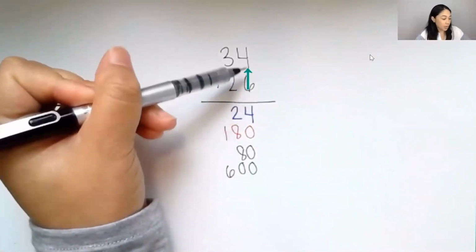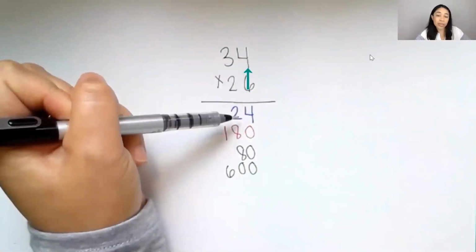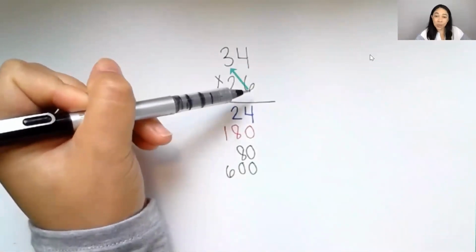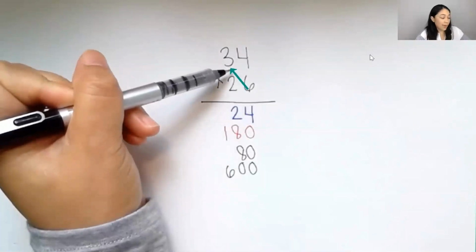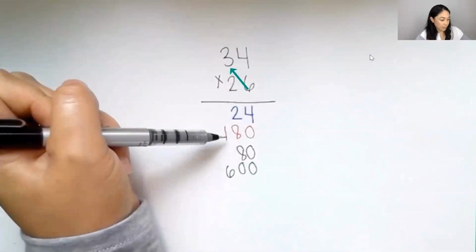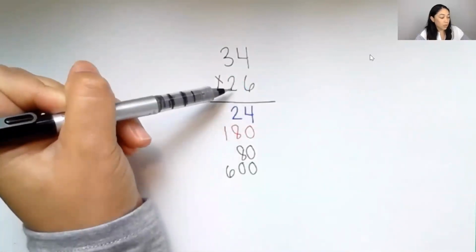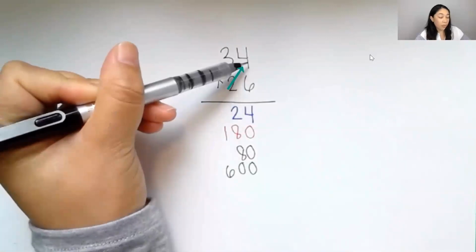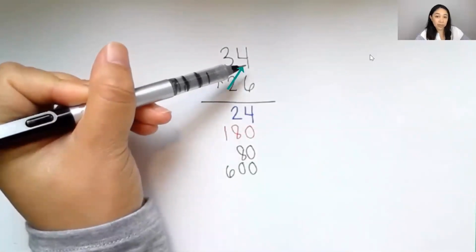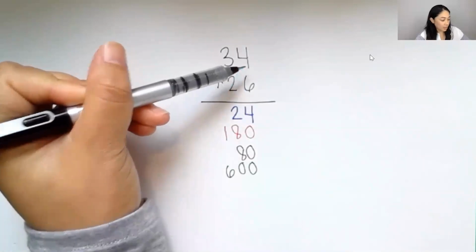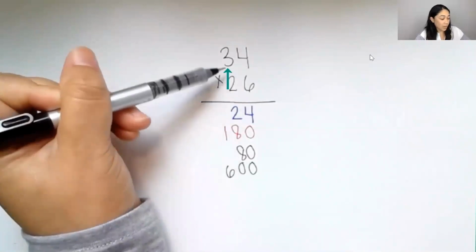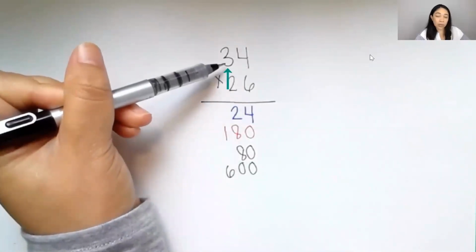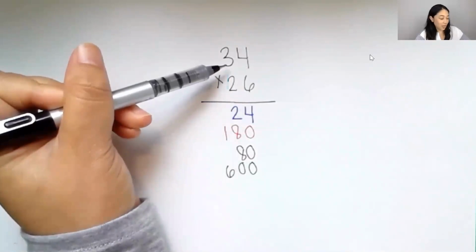6 ones times 4 ones equals 24 ones. 6 ones times 3 tens equals 18 tens. 2 tens times 4 ones equals 8 tens. 2 tens times 3 tens equals 6 hundredths.